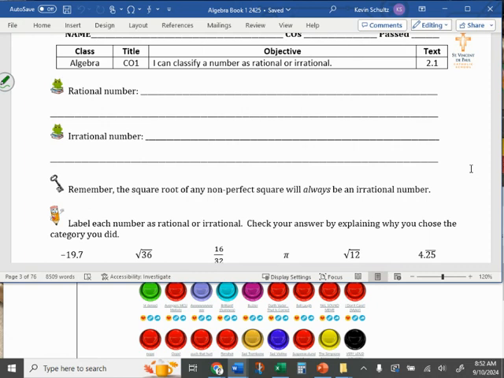A rational number is any number that doesn't go on forever without repeating. So that's the second half of what Peyton said, right? It's a decimal that ends or repeats. Okay, a decimal that ends or repeats.